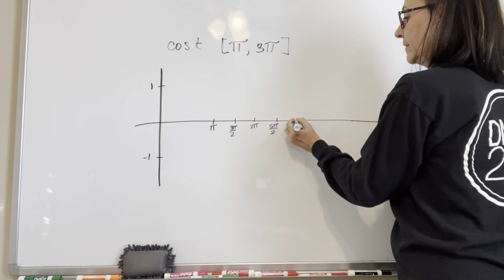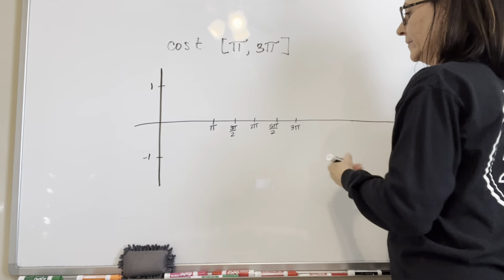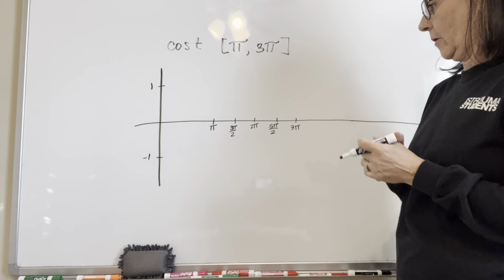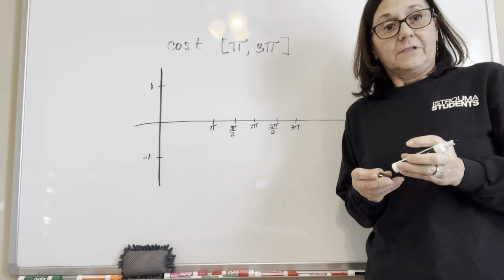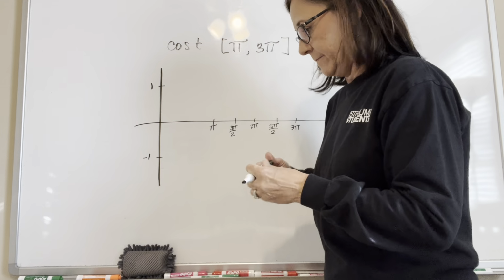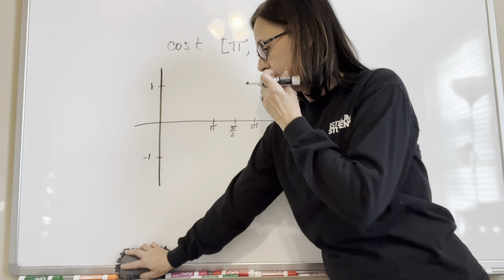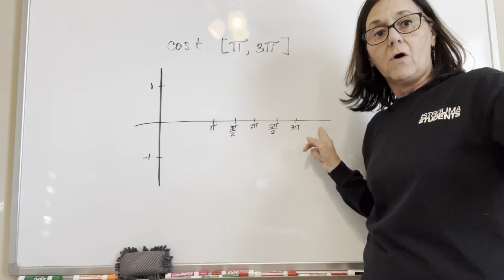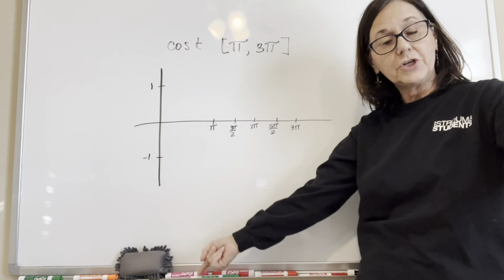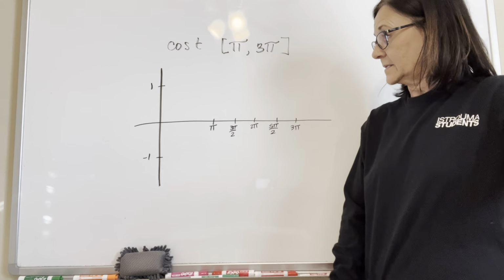This is going to be 3 pi. Oh, there we go. I was thinking I needed to go further. I don't. It's okay how small it is. All right. So remember, your radians go on the x-axis. The ratio is on the y-axis.